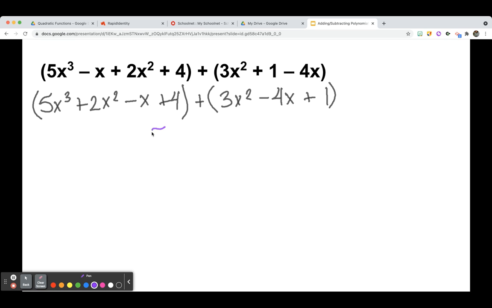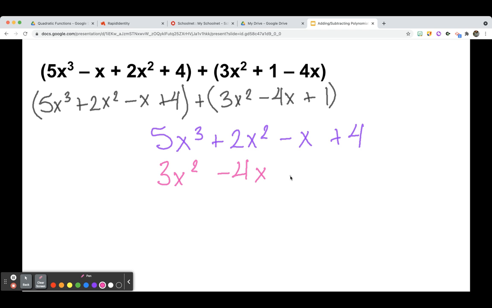So let's take my top term, or my top set, 5x to the third power plus 2x to the second power, subtract x, and then add 4. And then my next set is 3x squared minus 4x. I caught myself.